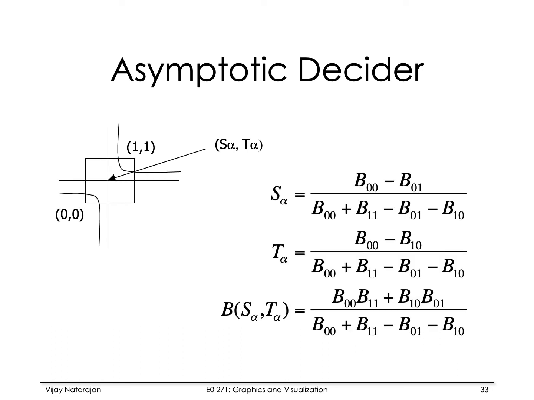Well, this can be computed just by recognizing that this is the point where the partial derivatives go to 0.